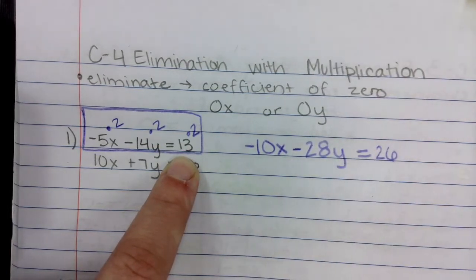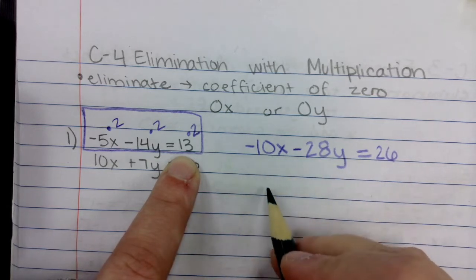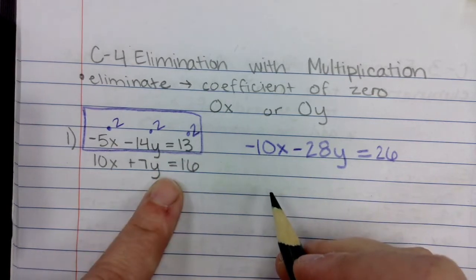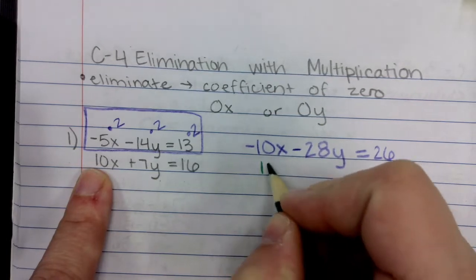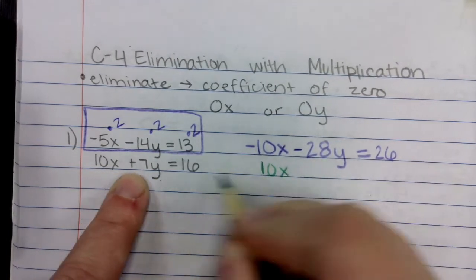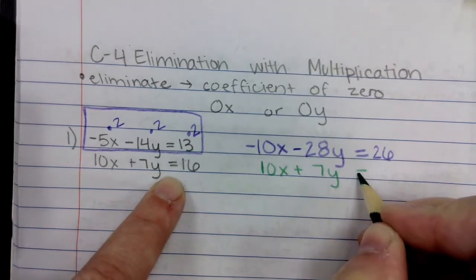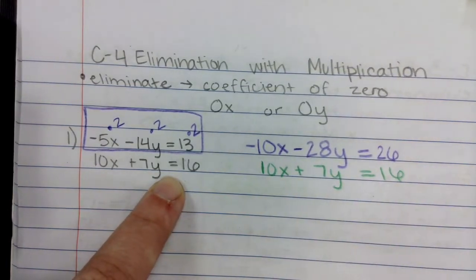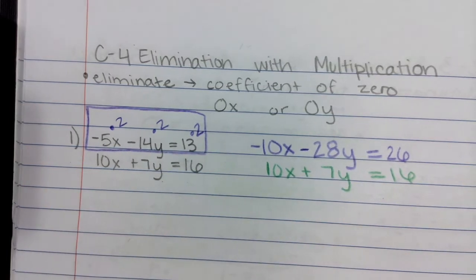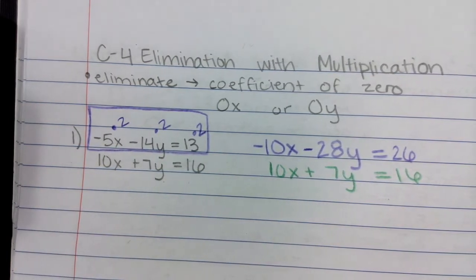Okay, now the bottom equation is going to stay just as it is, because then we'll still have that matching coefficient. So I have 10x plus 7y equals 16. We didn't have to do anything to that bottom equation. The top equation, we multiplied everything by 2.